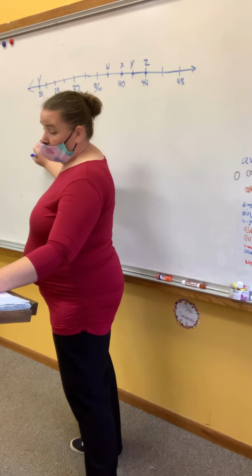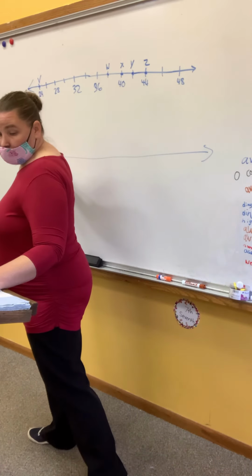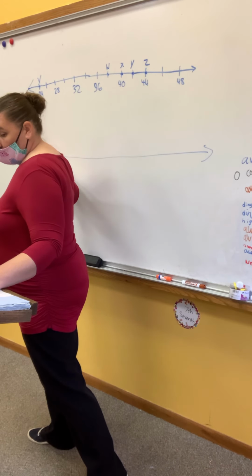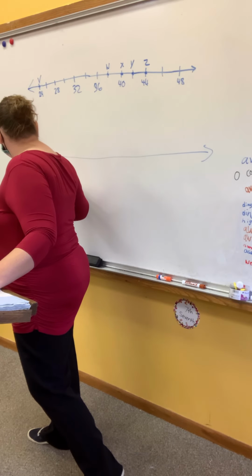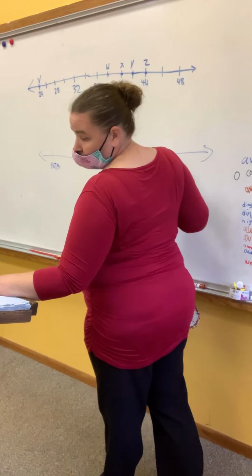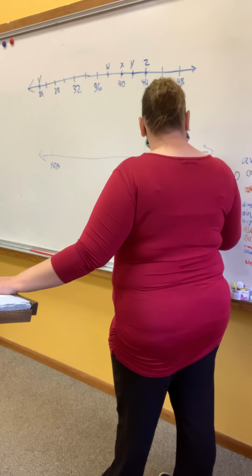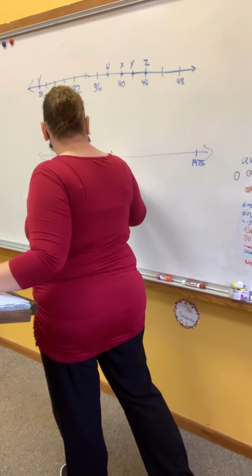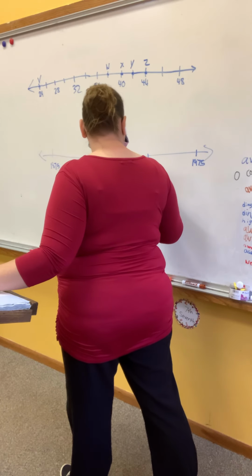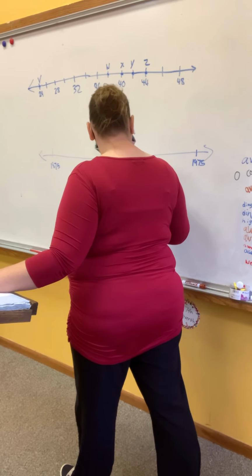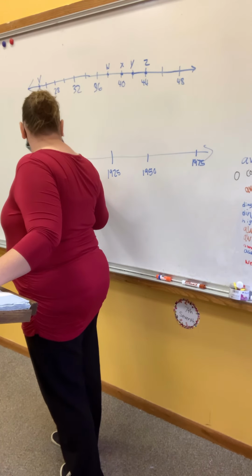All right, let's make a number timeline for inventions. Okay? We will start our timeline with 1875 to 1975, then 1925, 1950, and 1900.